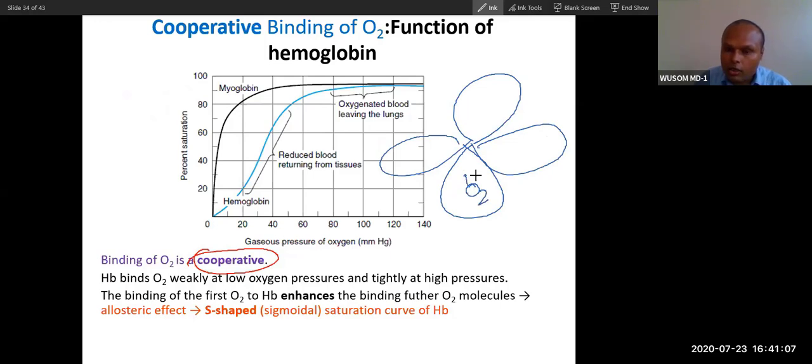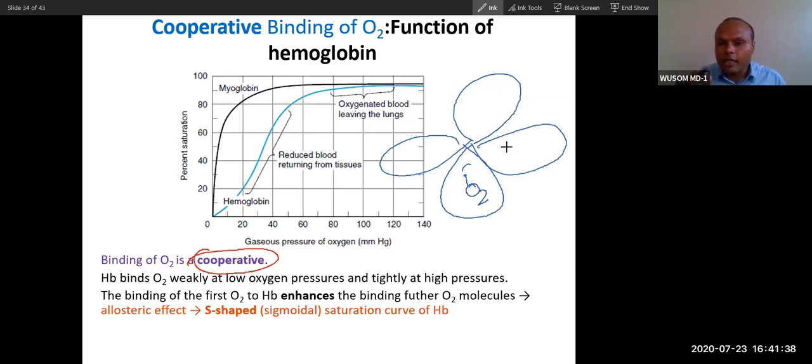And this first binding is very difficult, because the heme molecule is hidden inside the cleft, the pocket of the alpha or beta polypeptide. Once one oxygen reaches that cleft, there will be a sudden unfolding of the structure, and the next oxygen addition will be easy.